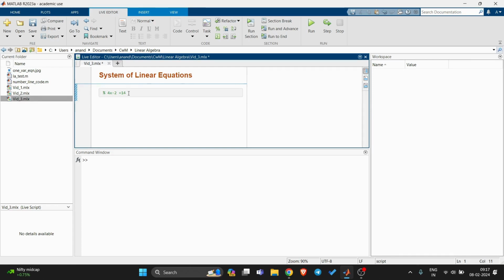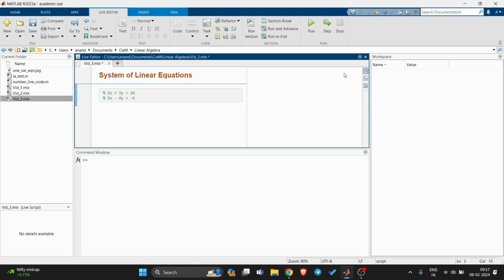Now, suppose we have two equations. For example, 2x plus 3y is equal to 16 and 5x minus 4y is equal to minus 6. Now, let's try to solve these equations graphically first.